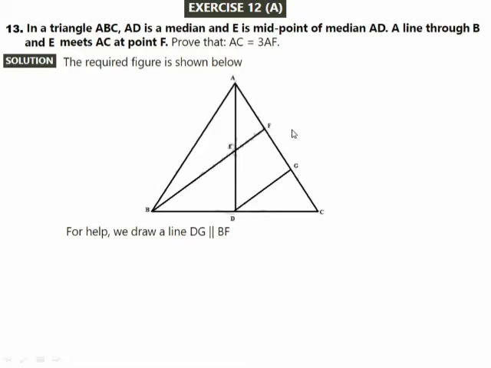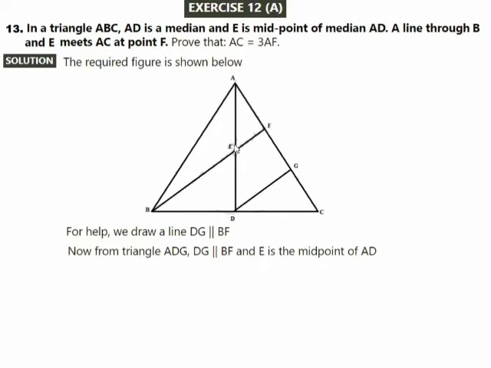Now observe triangle ADG. DG is parallel to BF, that is, DG is parallel to EF, isn't it? And you know that E is the midpoint of AD.